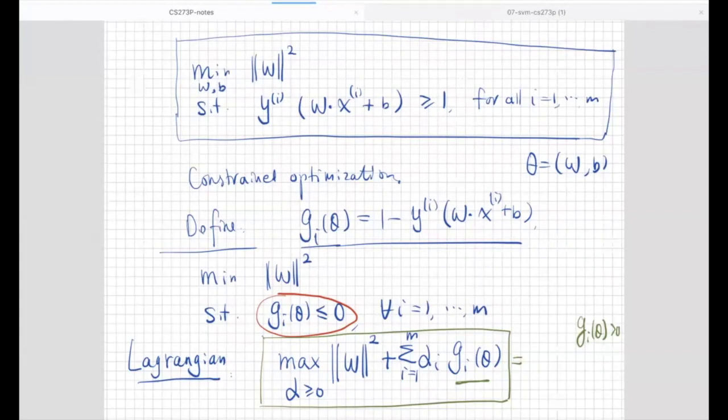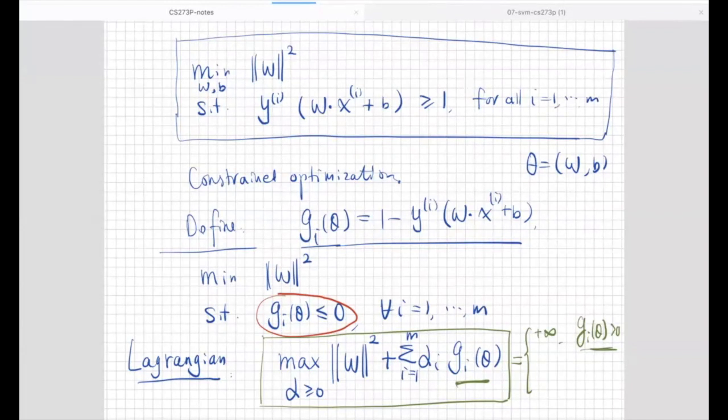Well, the solution would obviously be positive infinity, because if I have a positive constant multiplying a linear function, in order to maximize over alpha sub i I can choose alpha sub i to be infinitely large. As a result, you get positive infinity. So as long as any one of them is positive, the solution to this maximization problem is simply positive infinity, by choosing alpha sub i to be a very, very large number.